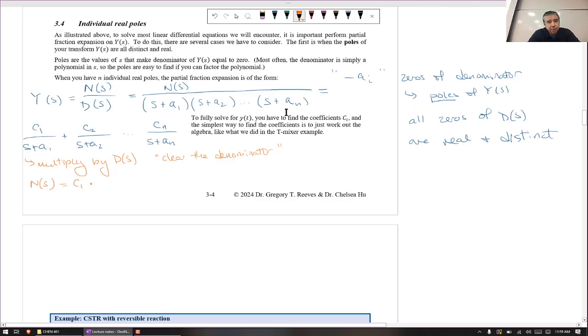is equal to, on the right-hand side, C1 times the quantity s plus a2 times the quantity s plus a3 dot dot dot times the quantity s plus an.